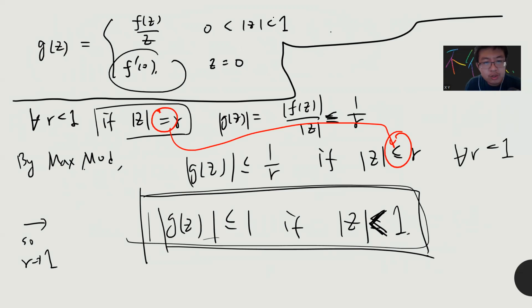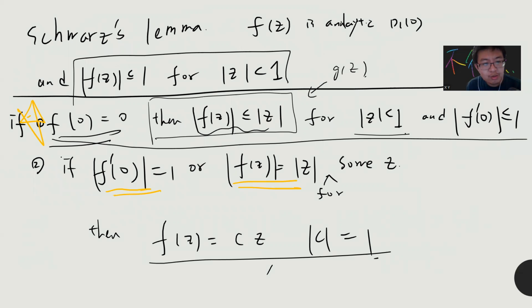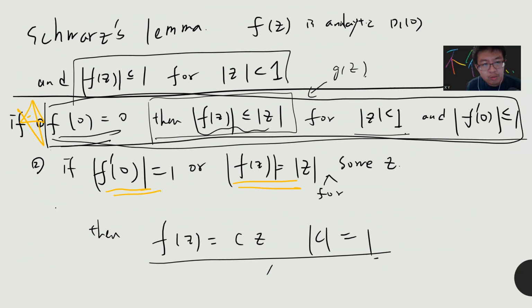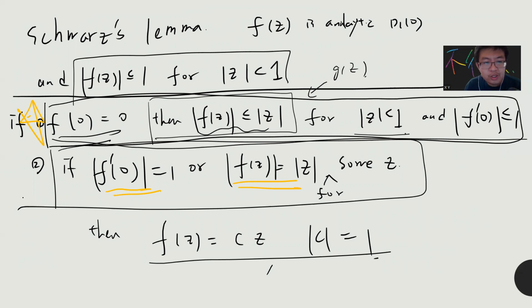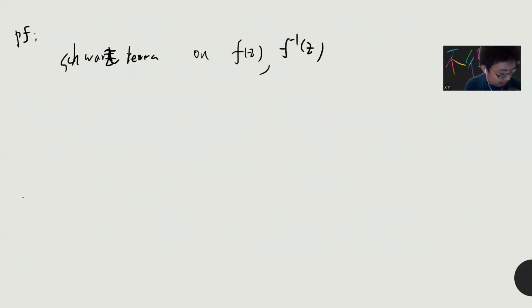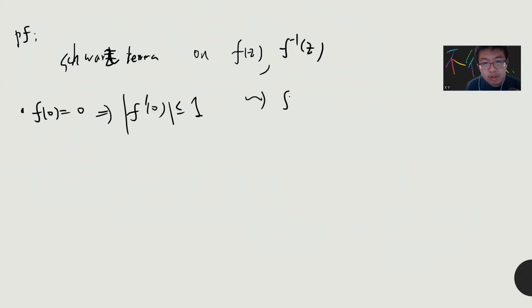By Schwarz lemma, we want to use this, or maybe also use this. So we know that f of 0 is 0, by our construction. So we know that |f prime of 0| is less than or equal to 1. This is by Schwarz lemma. And also f inverse of 0 is 0, so we also have |f inverse prime of 0| is less than or equal to 1.